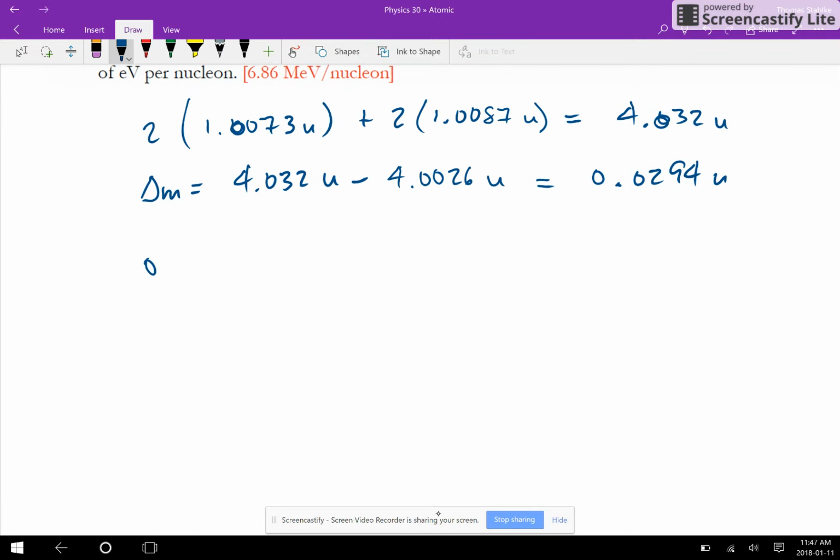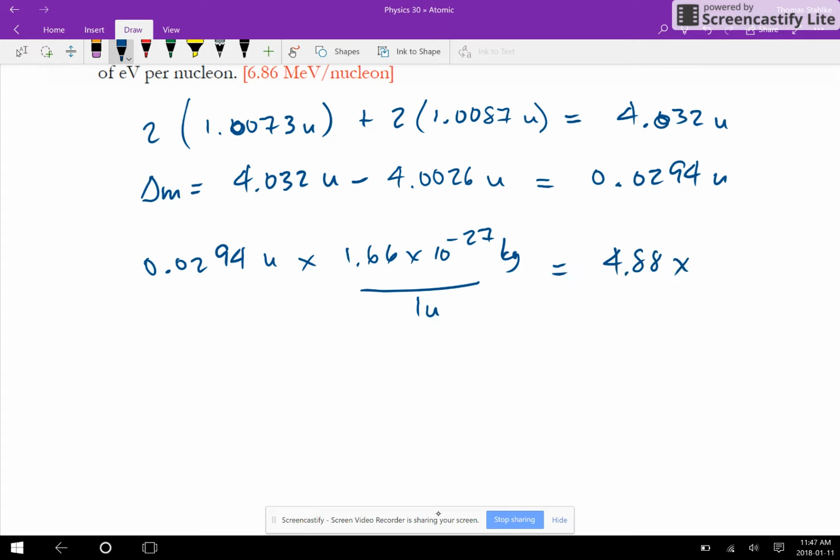Then let's change the atomic mass units to kilograms by using our conversion, and we get 4.88 times 10 to the negative 29 kilograms.